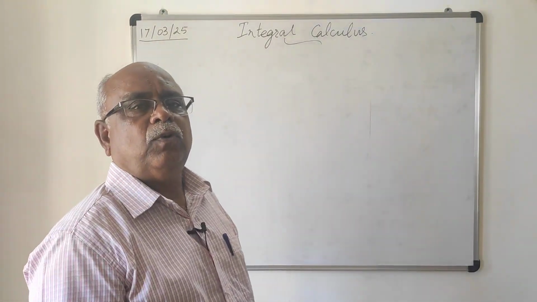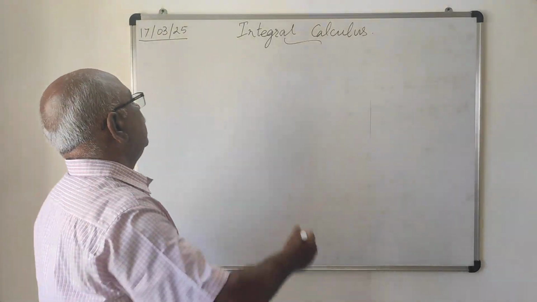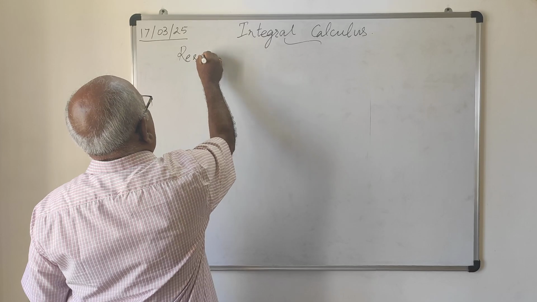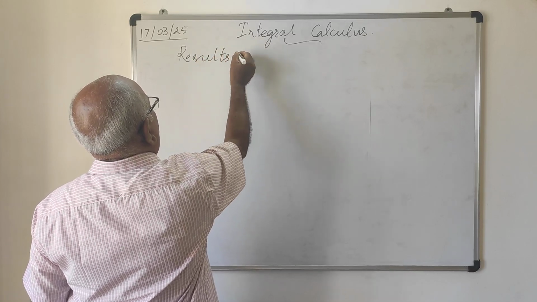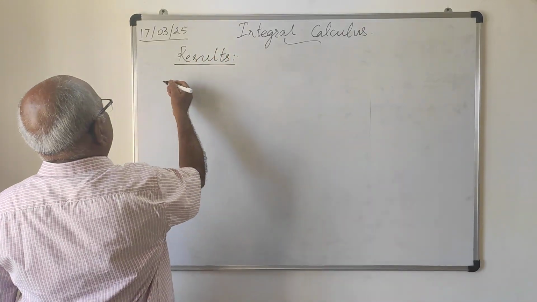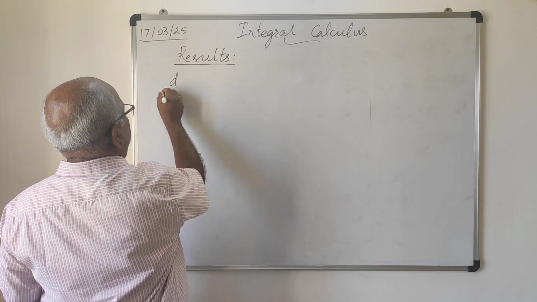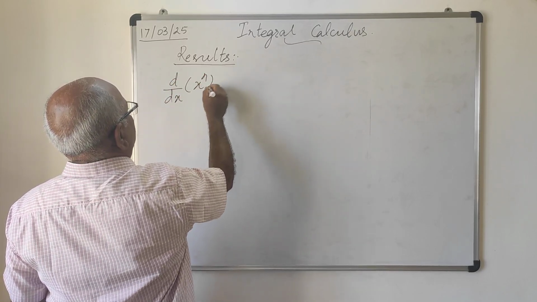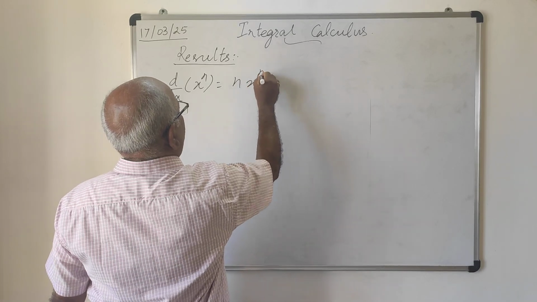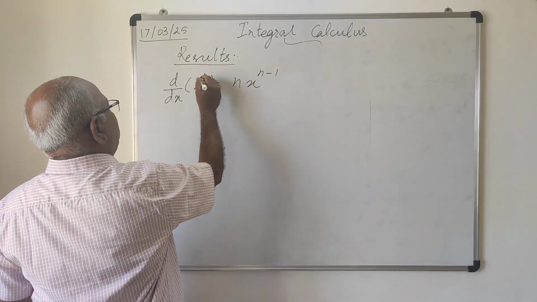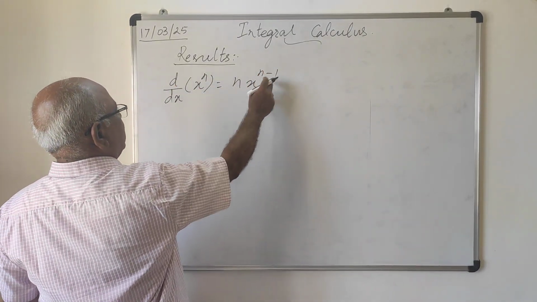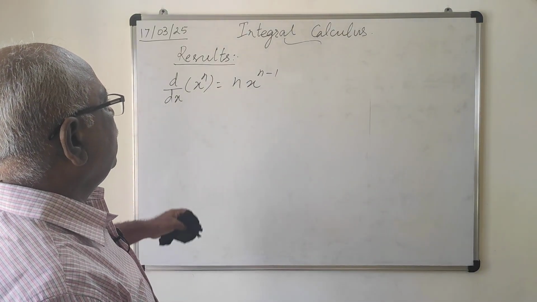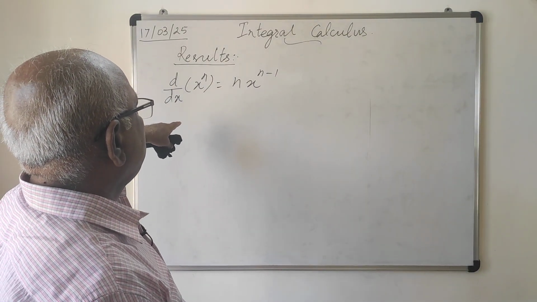Next, we will see some important results. You know that in differentiation, d by dx of x power n is n into x power n minus 1.